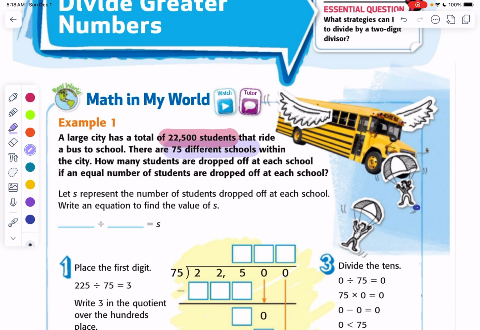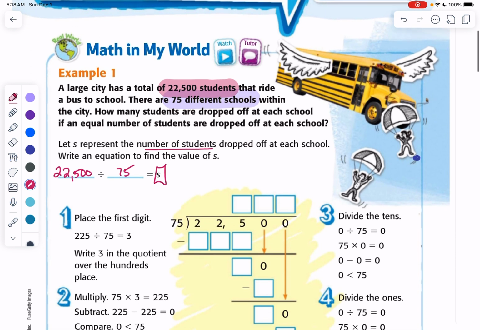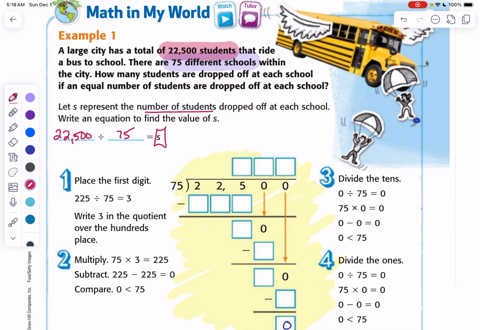So if we want to know how many students at each school, we simply divide 22,500 by the 75 schools. And we will let this variable or letter S represent the number of students being dropped off at each school. Okay? So here we've set up the division problem in long division format to make it easier for us to think about it.